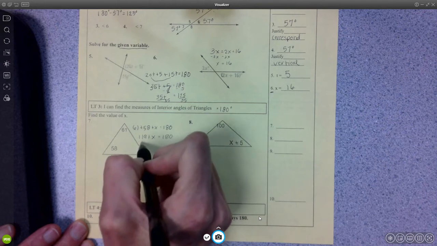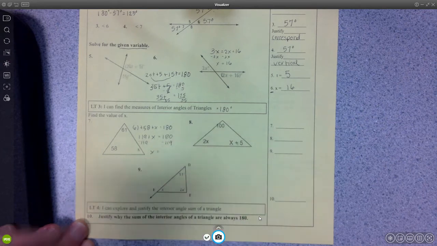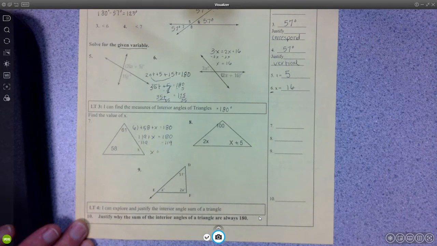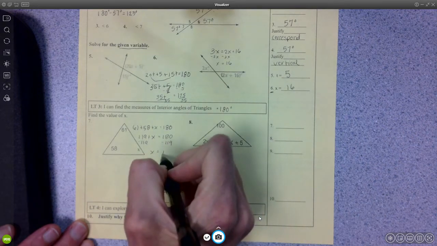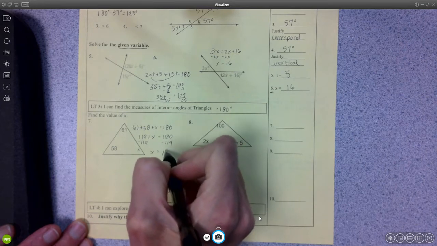And then if you subtract the 119 from each side, you're going to know that 180 minus 119 is equal to, not 109.